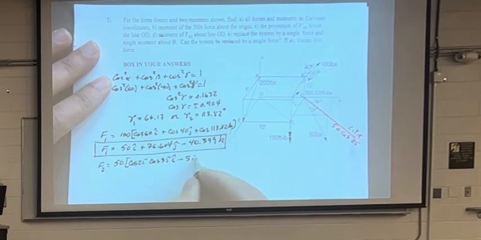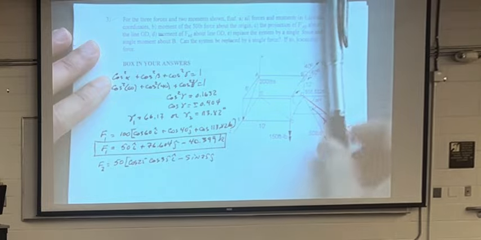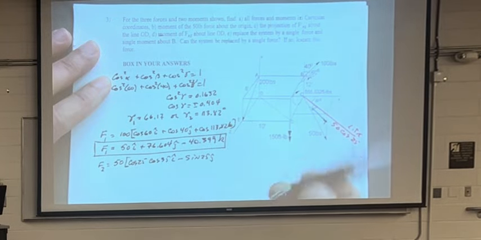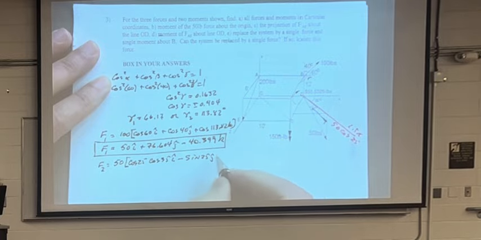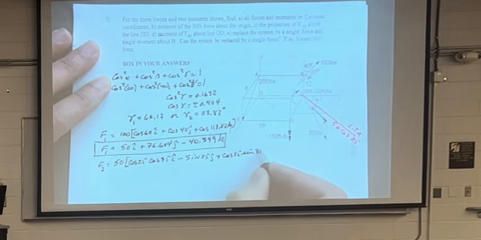Minus sine 25j, because the opposite is here, and that line is parallel to my y. And then plus cosine 25 sine 35k.